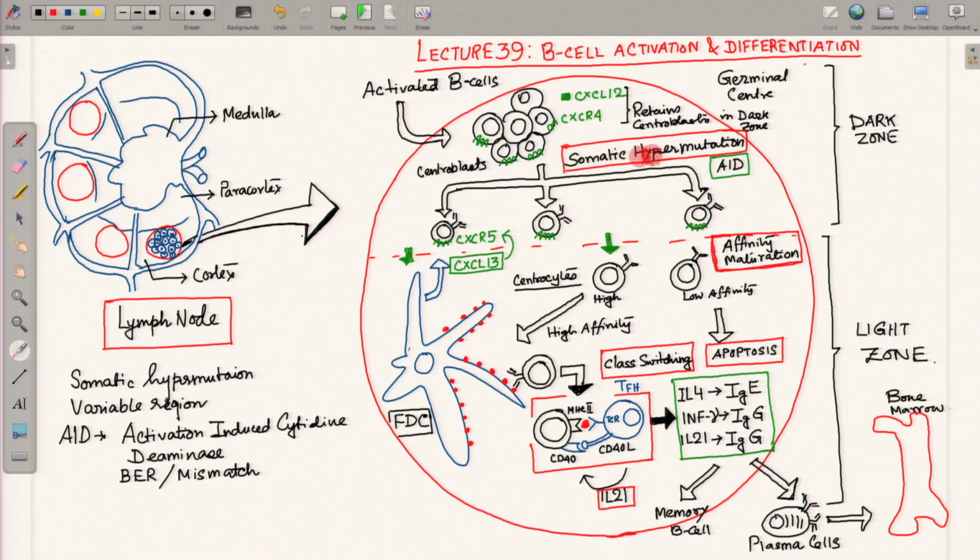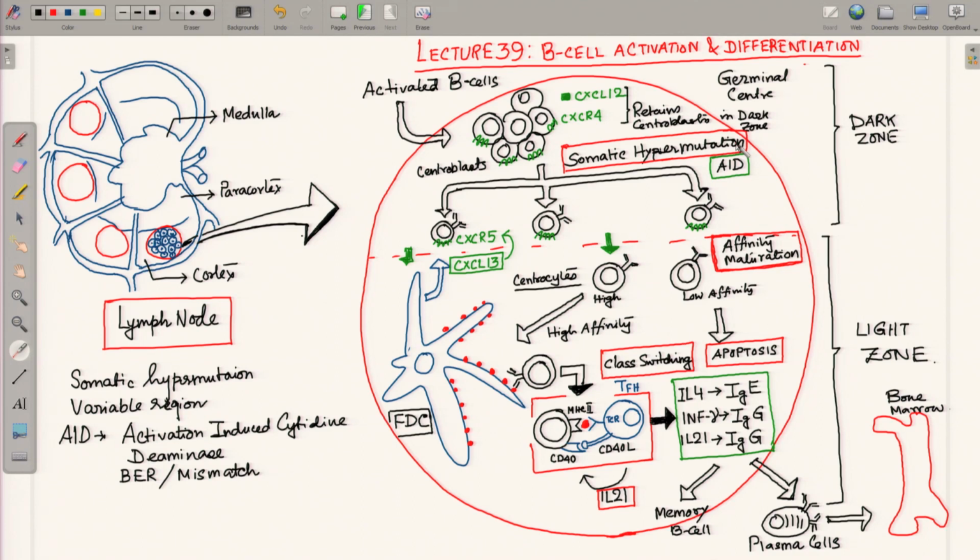This somatic hypermutation introduces point mutations in the variable region, leading to an increase or decrease in the affinity towards the antigen. Now, these centroblasts will move from the dark zone into the light zone by the action of a chemokine.